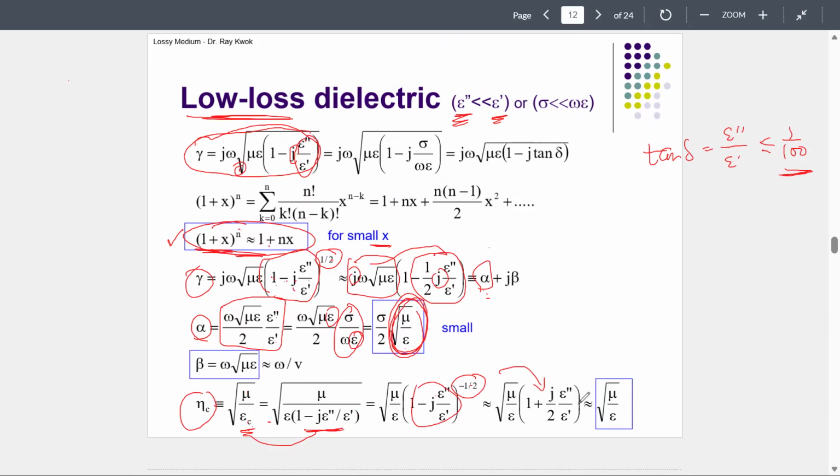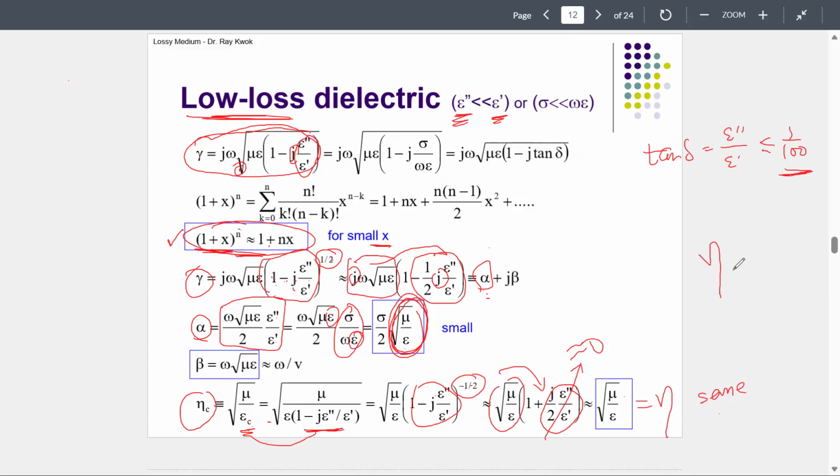Here, there's nothing else I can do. If this is small, I can just drop this and just keep this term. So that means eta still stayed the same as before, right? This is the wave impedance that tells you how easy it is to propagate a wave in this medium.